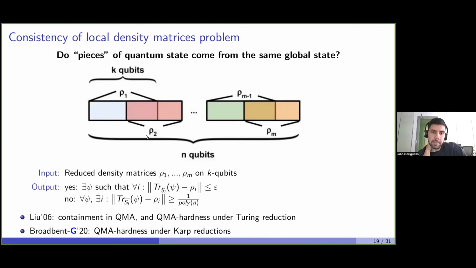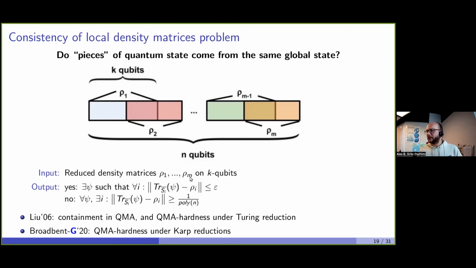A quick question from the problem statement. It's not clear if the number of reduced densities plays a major role or not. You can have very few, or many reduced density matrices, right? If you have a few, the problem is easy.